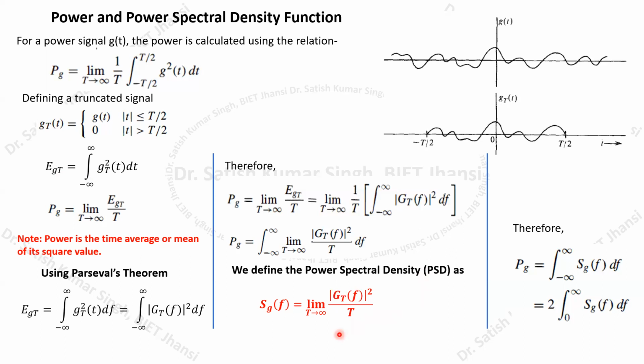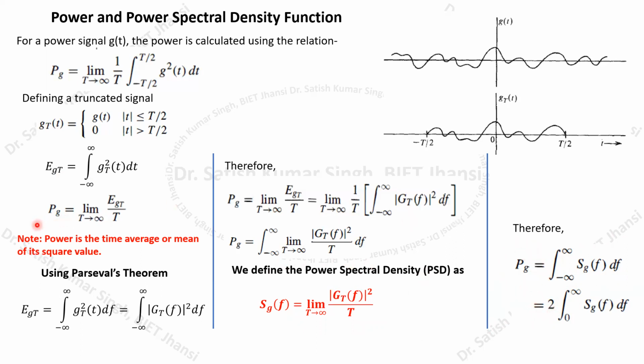So if you know the power per unit hertz distribution, then if you do the integration over the entire range of frequencies, you will be able to calculate the total power. This total power will be twice, as we know, because it is a symmetrical function of frequency. You can rewrite this expression: PG, the total power, you remember.